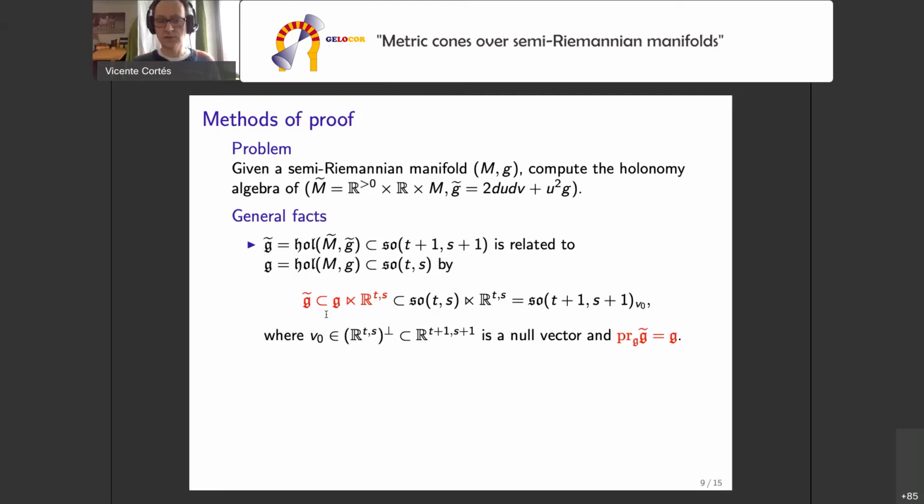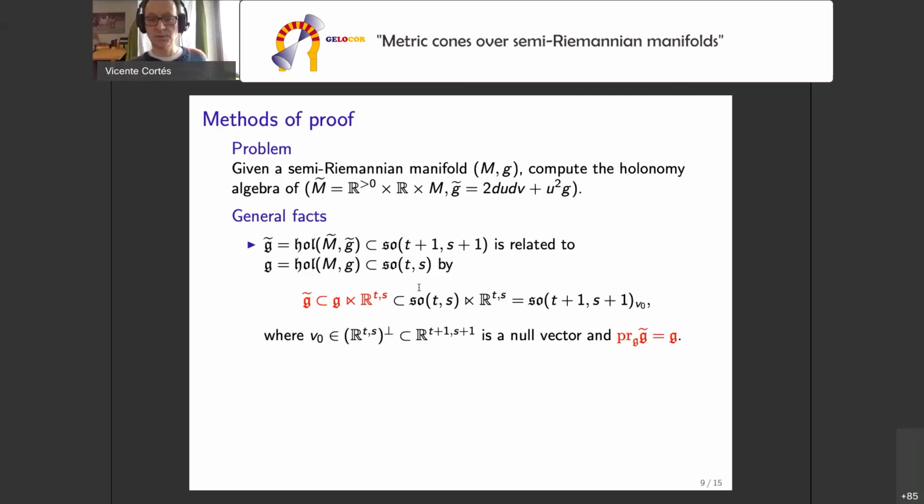In general we don't know that it is equal to a semi-direct product, but it is a subalgebra of this affine algebra G semi-direct product with R^{t,s}, which sits inside of so(t,s) semi-direct product with R^{t,s}.